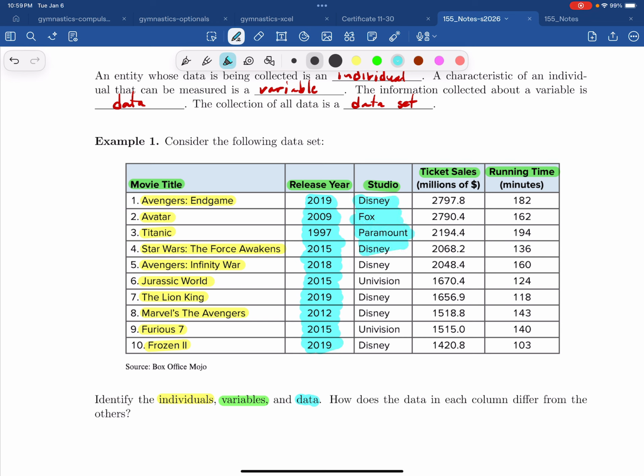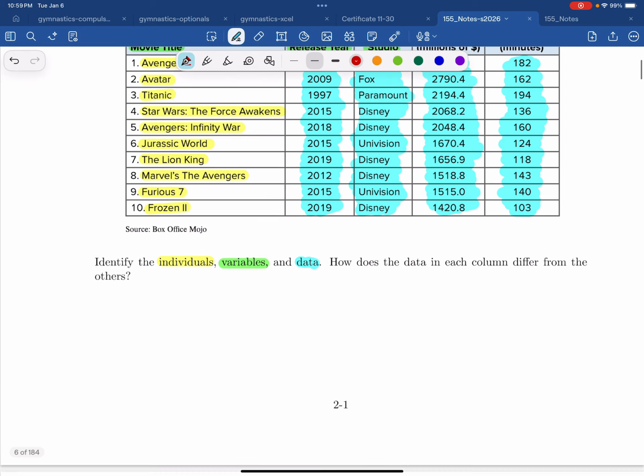This is all the studio data. I think you see where we're going with this. Ticket sales data. And, of course, runtime data. All right. So there we go.